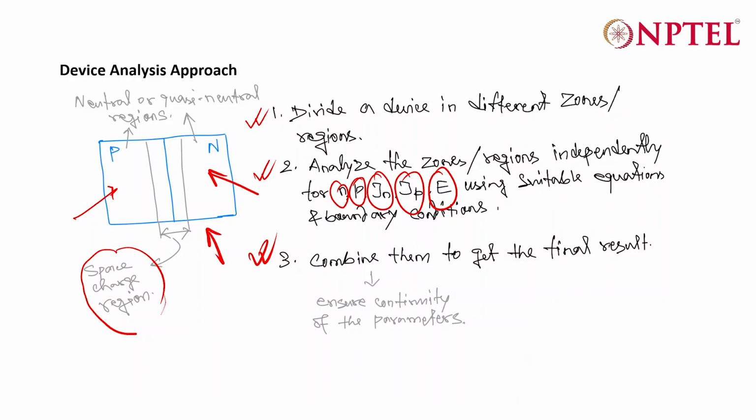Once we analyze these parameters in different zones, we combine them to get the final result for the entire device. And in this combining process, we ensure that the continuity of the parameters is maintained. This is the general practice of analyzing a device in semiconductor physics.